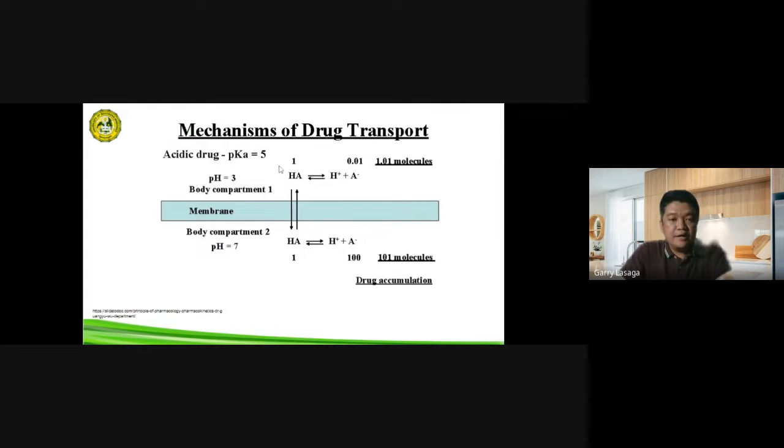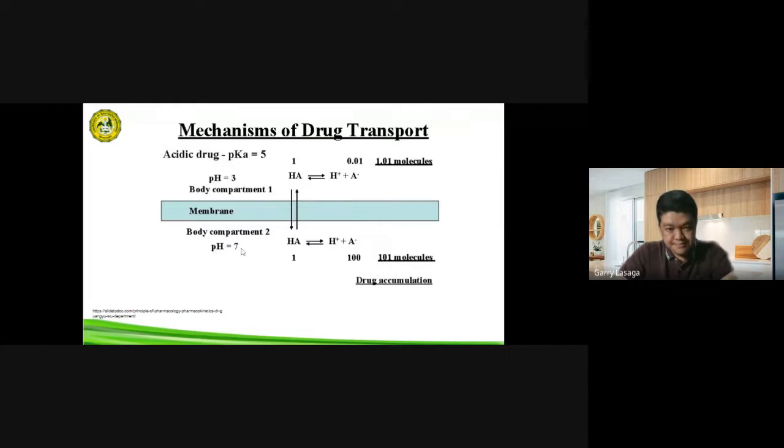Further decreasing the pH to 3, it increases again by 10. So the difference here is 2 levels, pH of 5 then pH of 3, which is equal to 100. 10 times 10, 100. So each unit increase or decrease towards the acidic side will also increase the level of the unionized form of the drug.